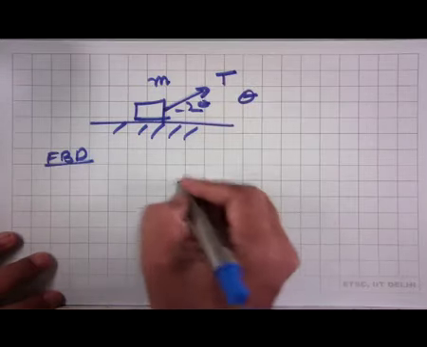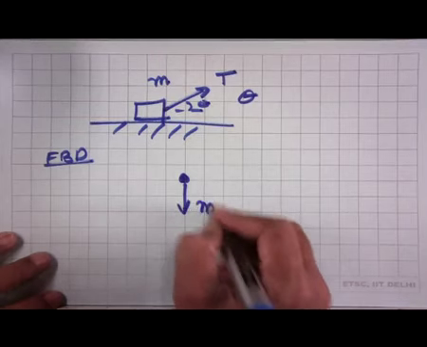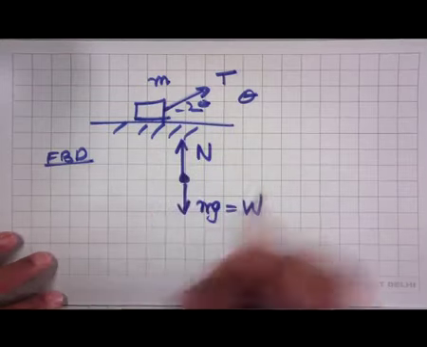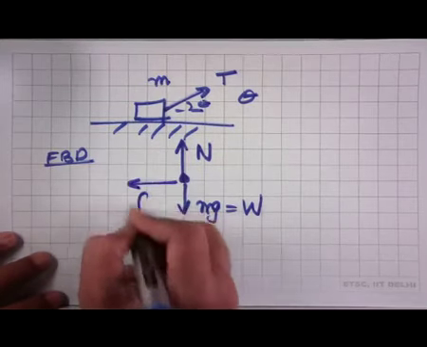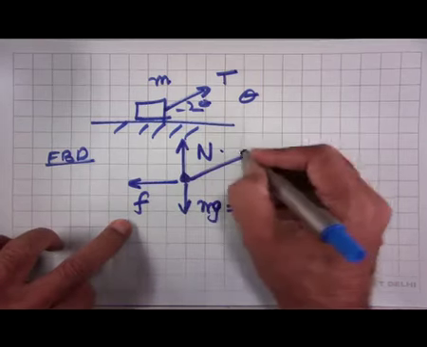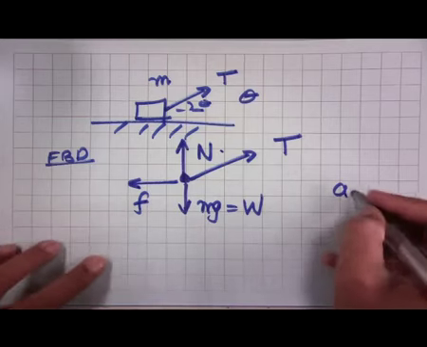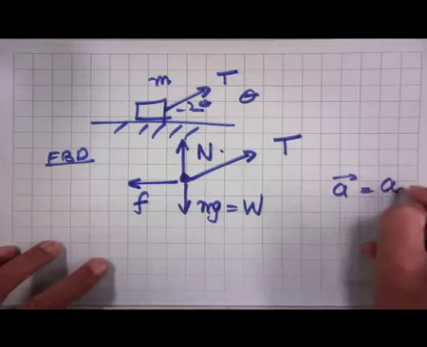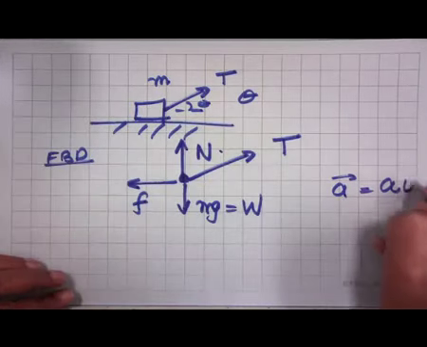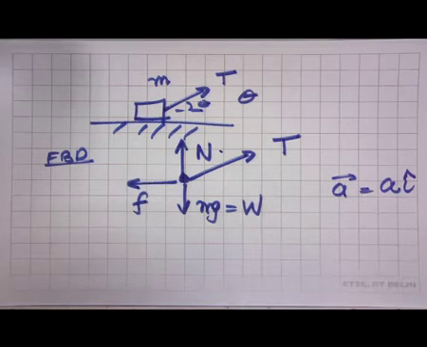If I draw the free body diagram of the block, I will get its weight acting down, there is a normal reaction, there is a friction force. These two, N and F, are the contact forces, and we have the tension T, because of which the body accelerates, and due to the constraint of the problem that the body moves on a plane, the acceleration will be only in the x direction.